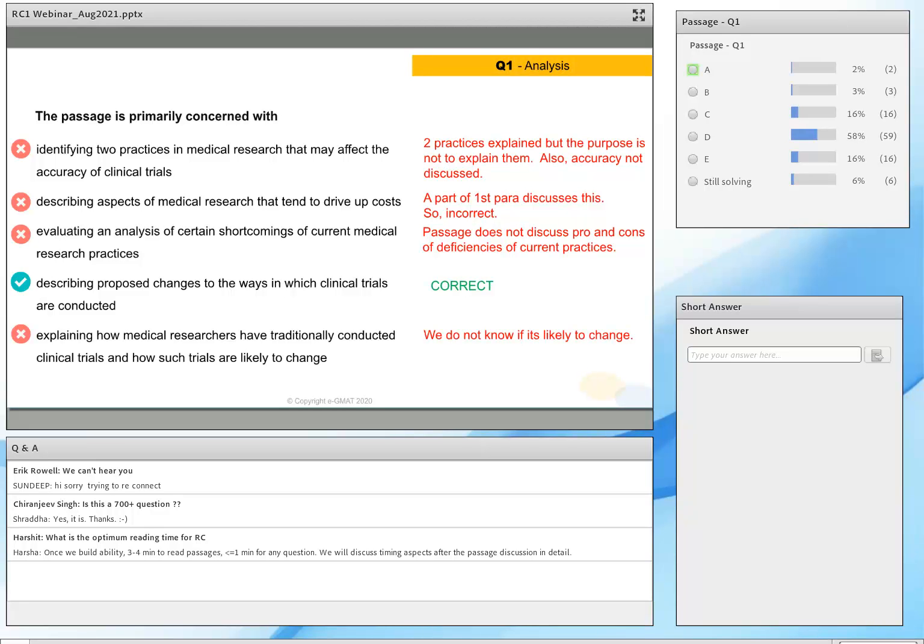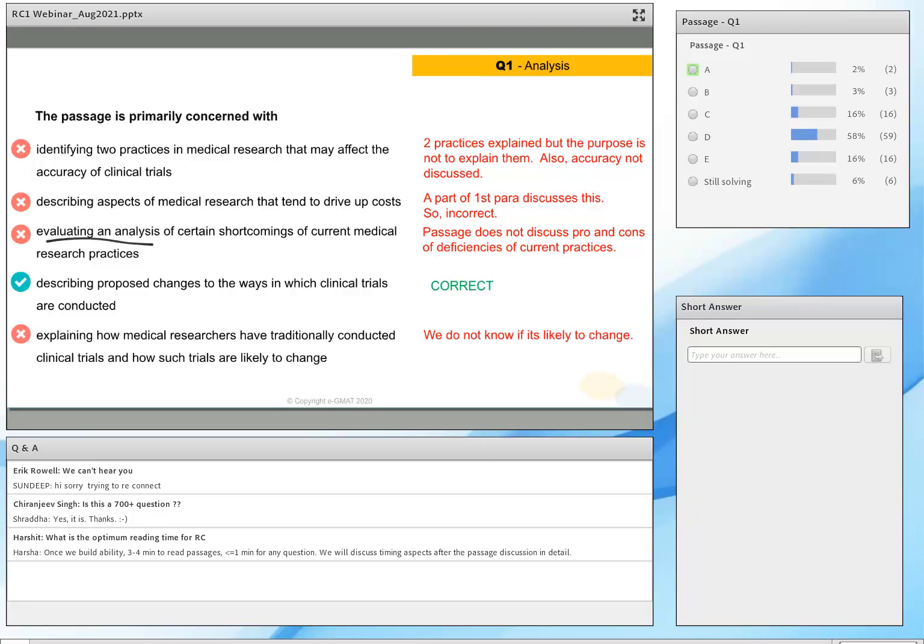So C says, evaluating an analysis of certain shortcomings of current medical research practices. I find this answer choice very, very intriguing. Why? Because if we do not understand the meaning of what this answer choice is saying, we will get attracted to that. What is it saying? Evaluating an analysis. When we were doing our xenophobia passage, Harsha told us that evaluate means pros and cons, the good part of it and the bad part of it.